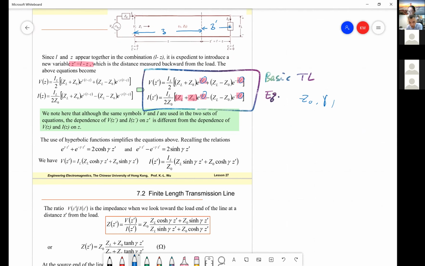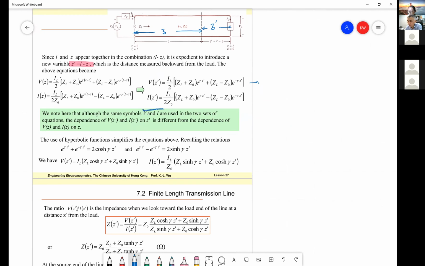the exponential function form is not very convenient for some of us, okay? Then we can rewrite this.